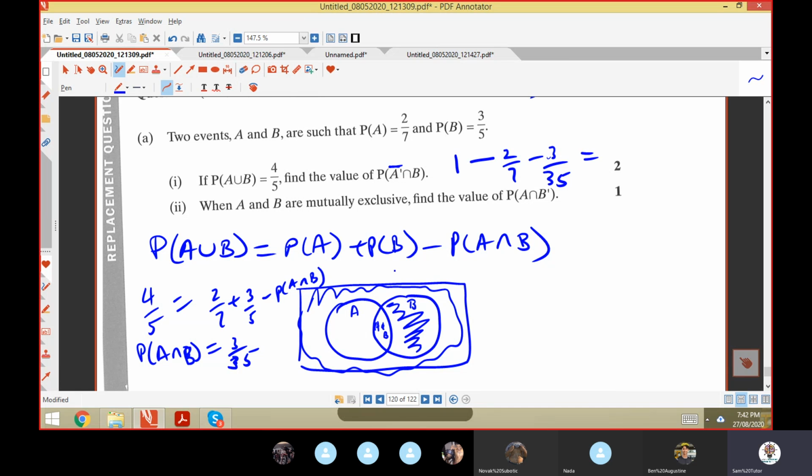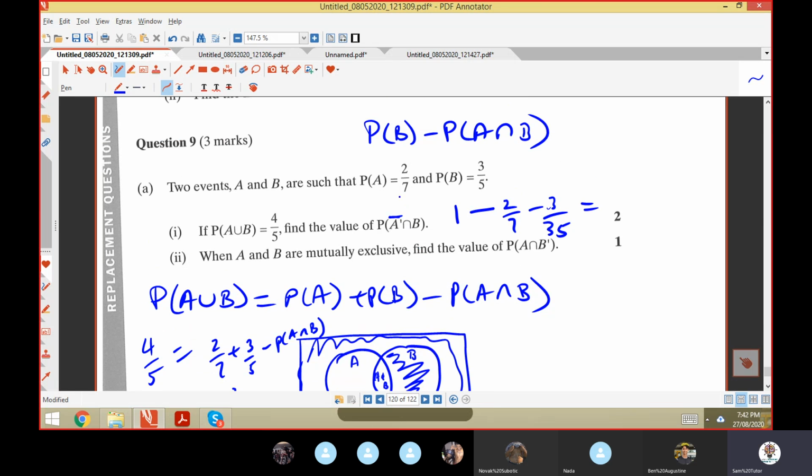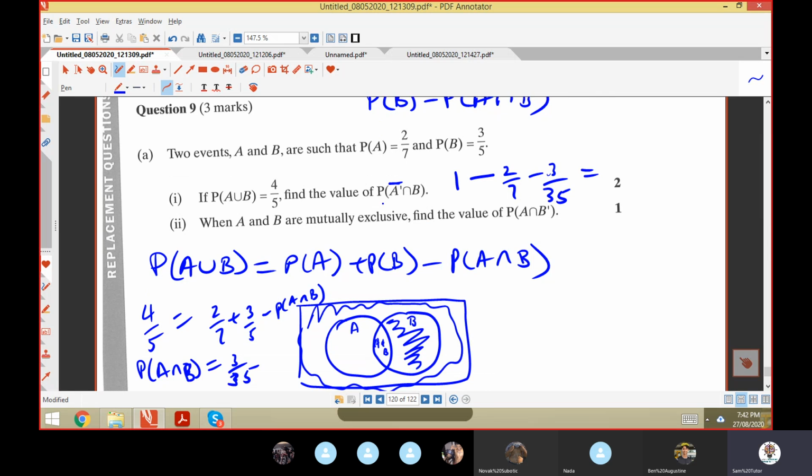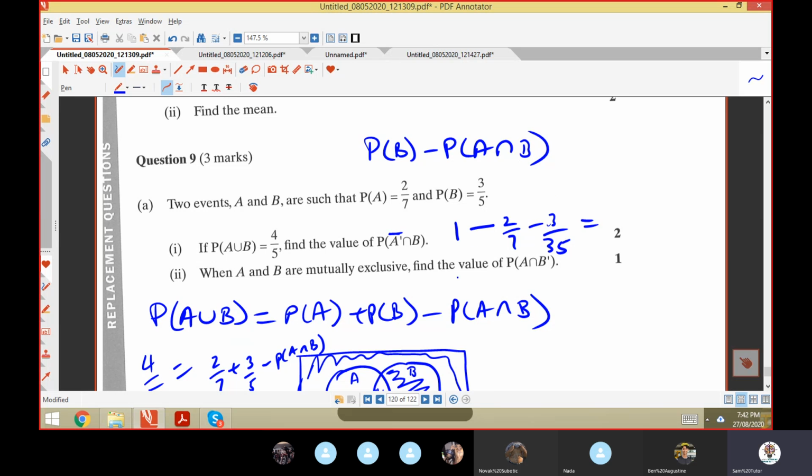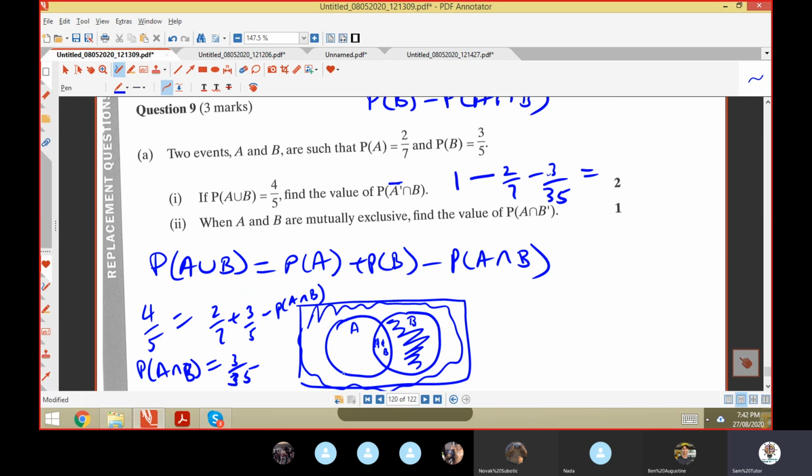Give me a second. Hold on. Probability of not A and B. You would be right with what you said: probability of B minus probability of A and B. But why isn't my logic working? 1 minus the probability of A minus the probability of them intersecting.